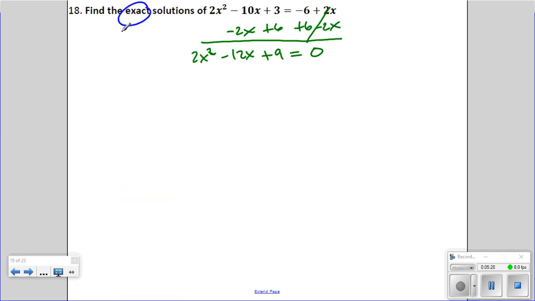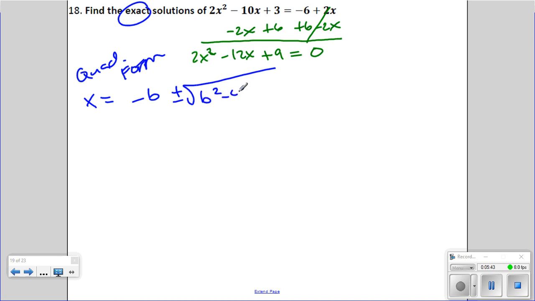that means use quadratic formula, which is x equals opposite b plus or minus the square root of b squared minus 4ac all over 2a. And then find the discriminant first.